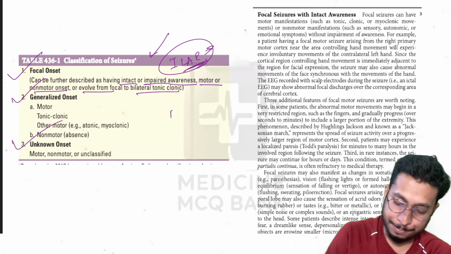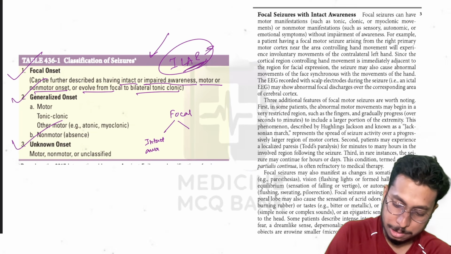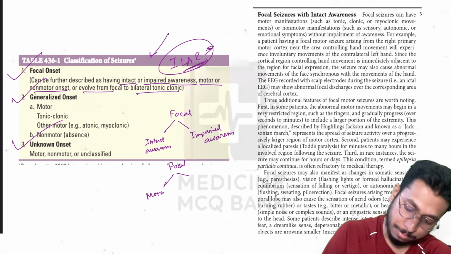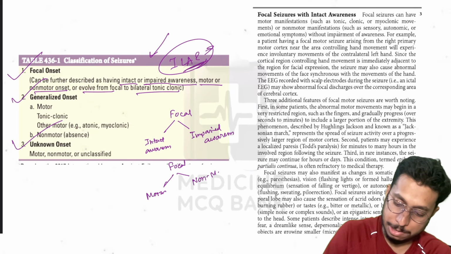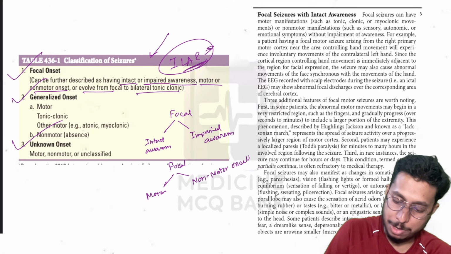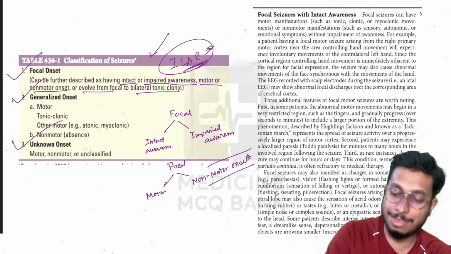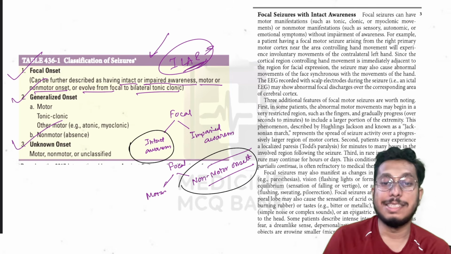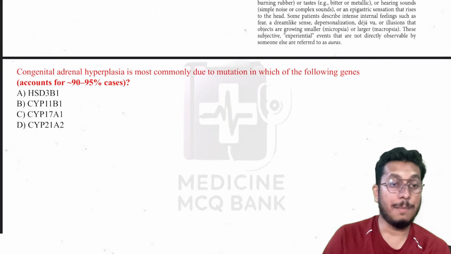So focal is divided into intact awareness or impaired awareness, and again subdivided into motor or non-motor onset. So in this question, the burning rubber smell, most likely uncinate fit, is nothing but intact awareness along with non-motor onset seizure. Okay, all right. Now coming to the next question.